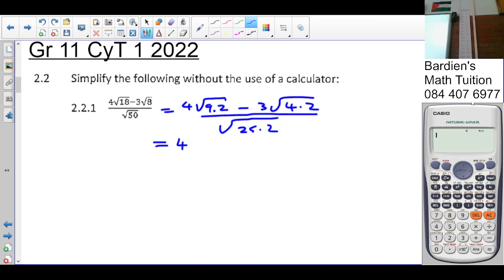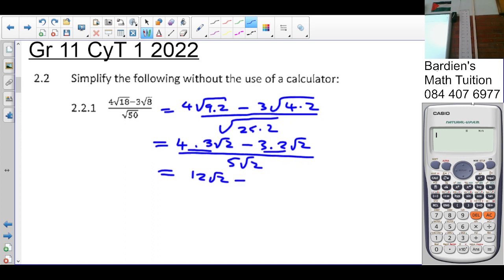So it's going to be 4 times the root of 9, which is 3, minus 3 times the square root of 4, which is 2, over the square root of 25, which is 5 root 2. So that's going to give you 12 root 2 minus 6 root 2 over 5 root 2. 12 minus 6 is 6 root 2 over 5 root 2, which is 6 over 5.